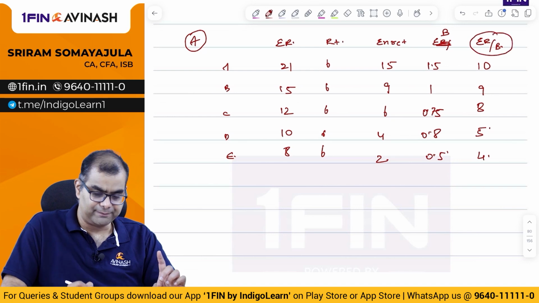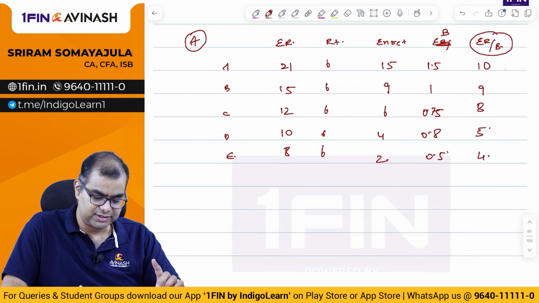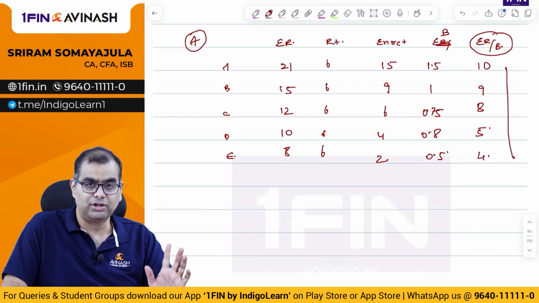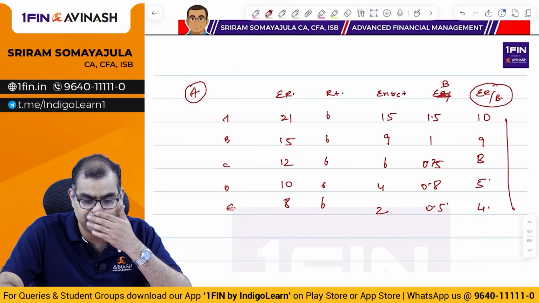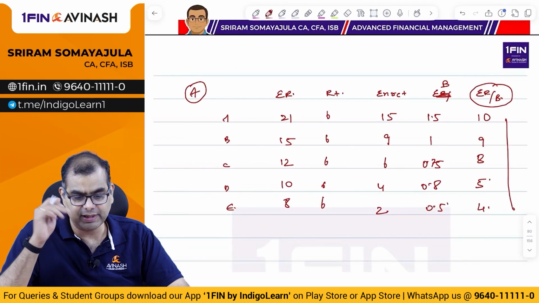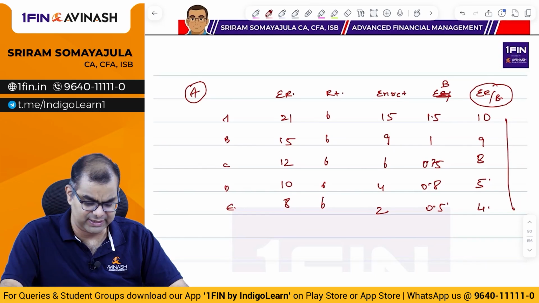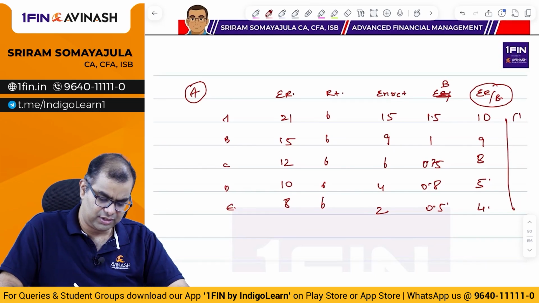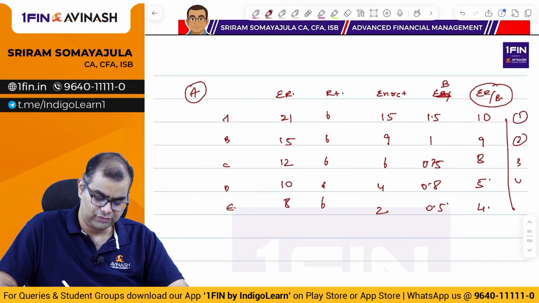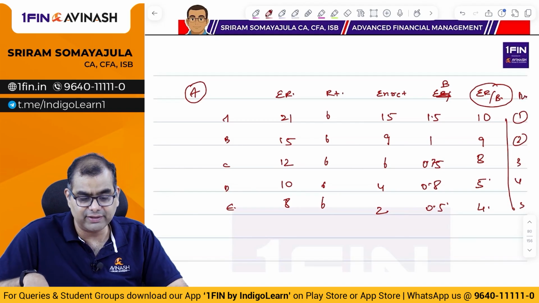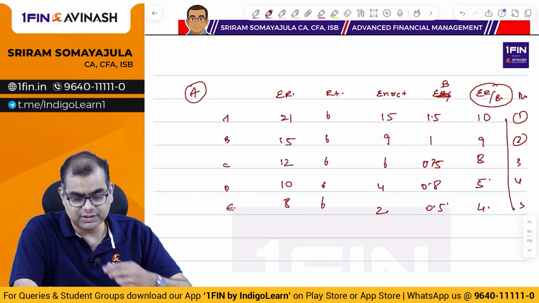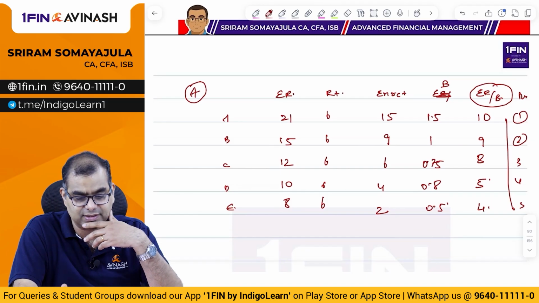Excess return by beta, this is the order: 10, 9, 8, 5, 4. That is the first part of the question that they asked: compute the excess return and rank them. Ranking is very easy: 1, 2, 3, 4, 5. This is the rank.